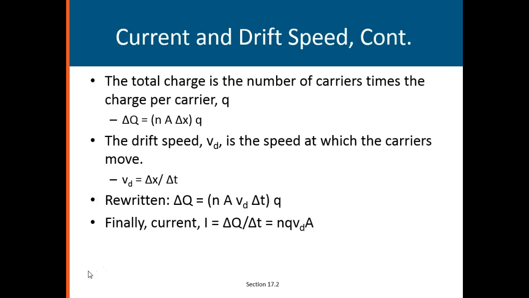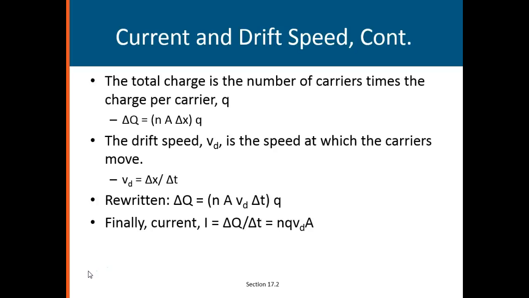Now, this is the first time this has come up that I recall, so make a note of it. The total charge is usually capital Q. The charge per carrier is little q. If these carriers were electrons, that would be the electron charge.